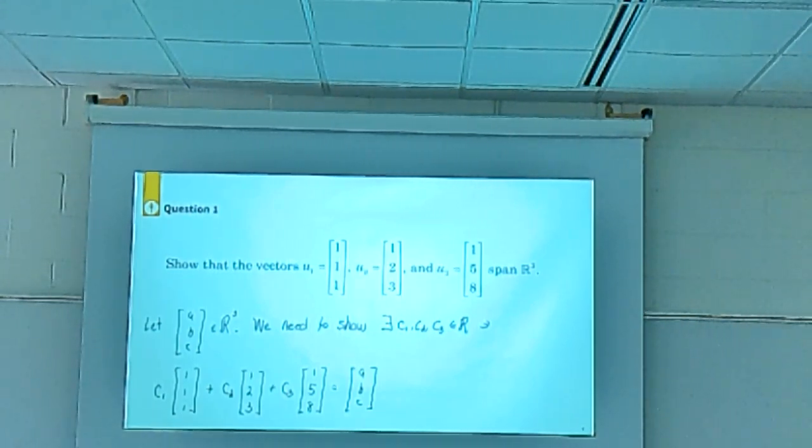Once we show that there are three scalars, we're done. We've shown that it spans. So the goal now is to find those three scalars. Come up with a rule for those three scalars.